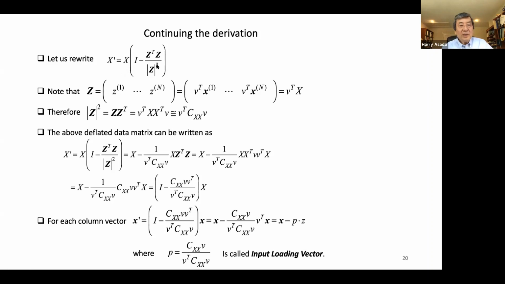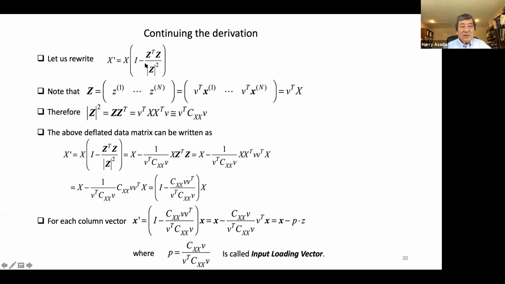Note that Z is originally a concatenation of scores, Z1 to Zn, for n data points, and each is computed in this way, V transpose x1 to xn. So factoring out the V transpose, we can write this way. So this is basically the data matrix, V transpose capital X.